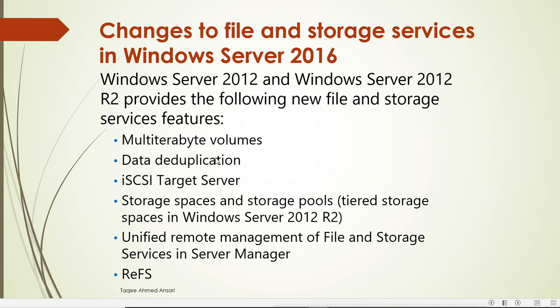Then storage spaces and storage pools, tiered storage spaces in Windows Server 2012 R2. It was not available in 2012. And then now it is available in 2016. Unified remote management of file and storage services in Server Manager, so that we can do the remote management. Then also the new file system, that is ReFS.